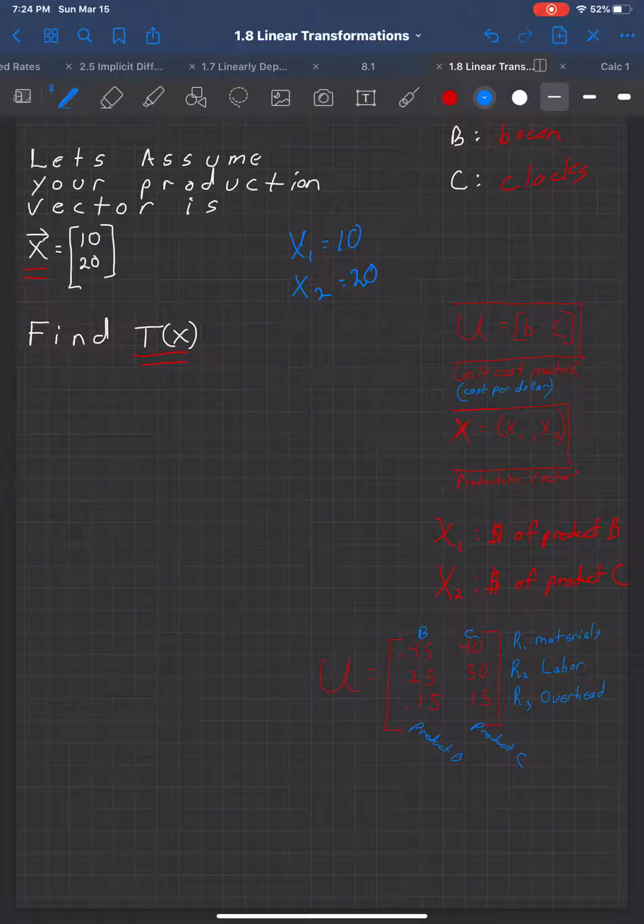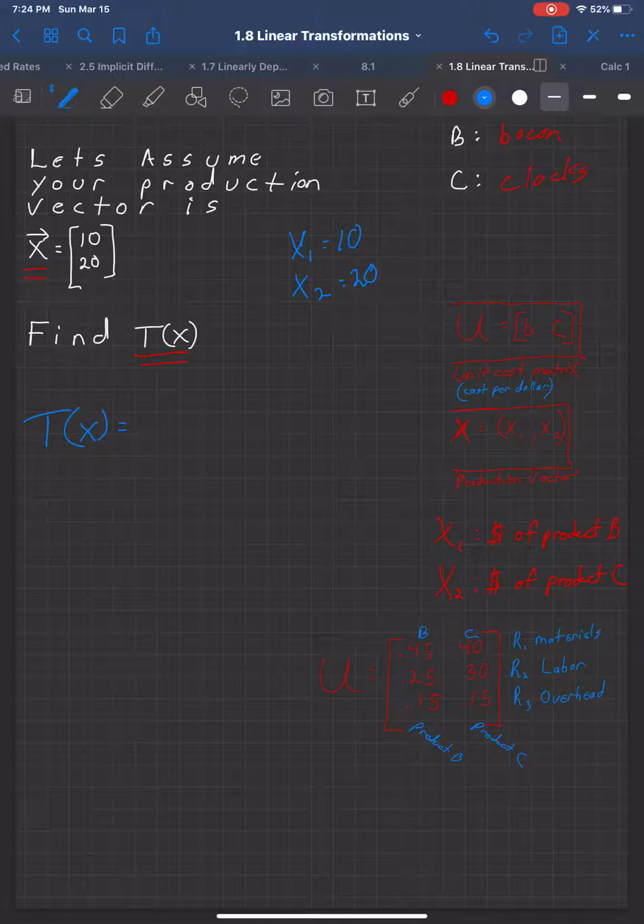So you are spending 10 plus 20, $30 worth of production. You're throwing $30 at this little project of yours. Now we're going to see how much of that is going to be eaten up in costs in just a second. Ready?